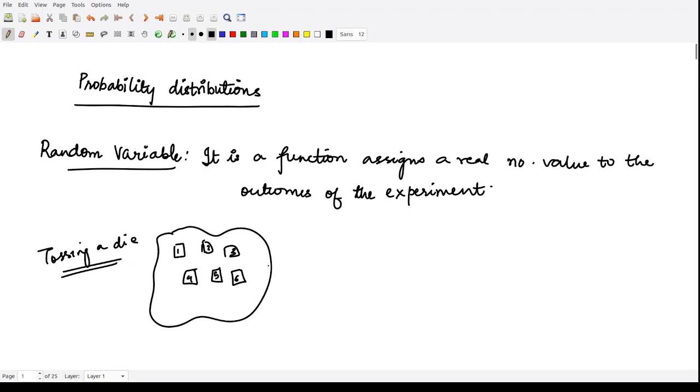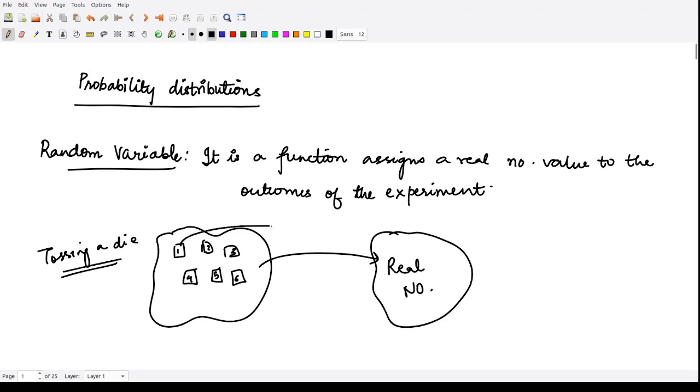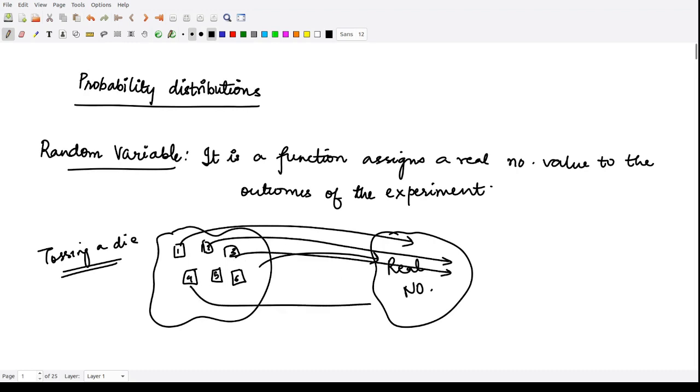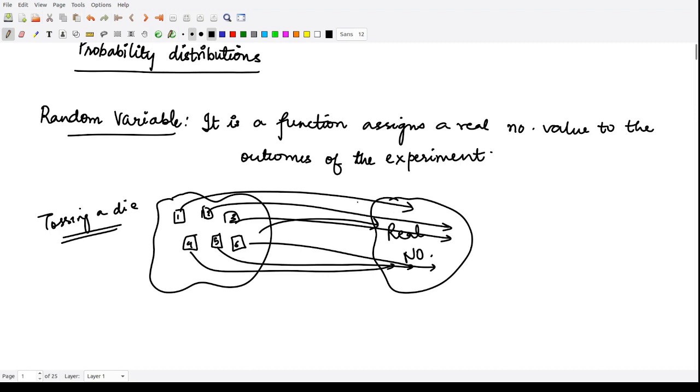From this set, you are assigning a real number to each outcome. That means you are associating this 1 to some real number, this 2 to some real number, 3, 4, 5 and 6 as well. So according to the definition of random variable, you are defining this mapping.